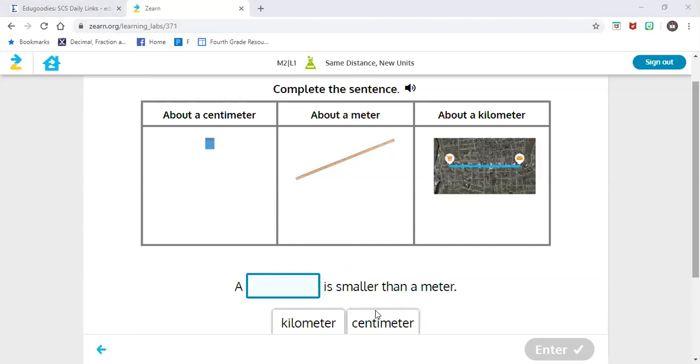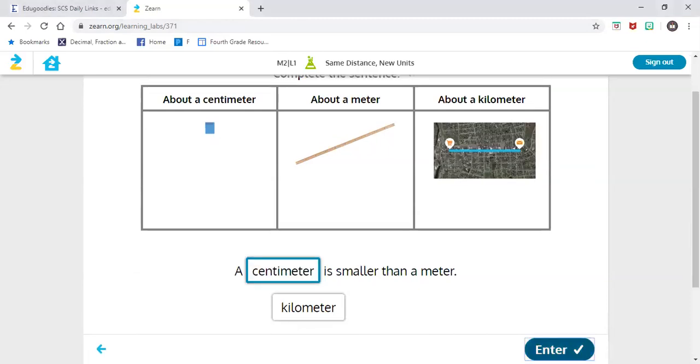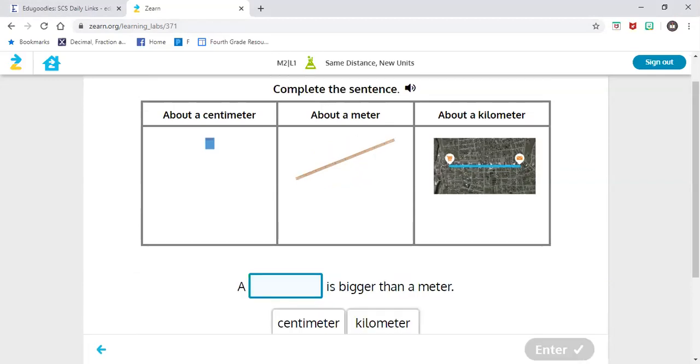A centimeter is smaller than a meter. All right. What is bigger? A blank is bigger than a meter. So a kilometer, because that's about a 15-minute walk, is bigger than a meter.